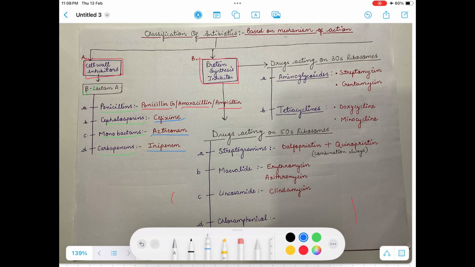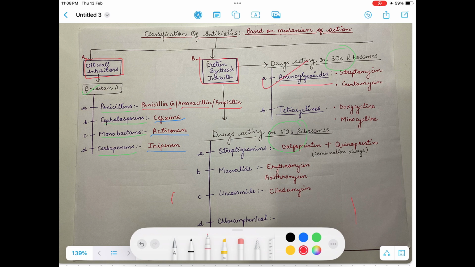Now come to the second category, that is the protein synthesis inhibitors. These are the antibiotics that inhibit protein synthesis inside the bacteria. As you know, what is the function of ribosomes? A ribosome is a structure that produces protein. So these antibiotics act on the 30S ribosome as well as the 50S ribosome. As you know, ribosome is of two types, 30S and 50S. Let's see the drugs which act on the 30S ribosome.